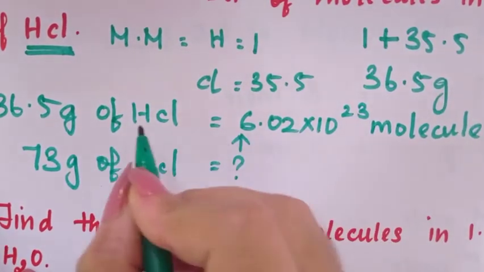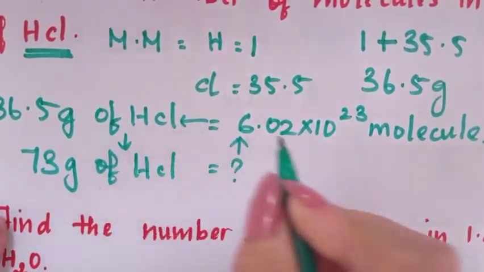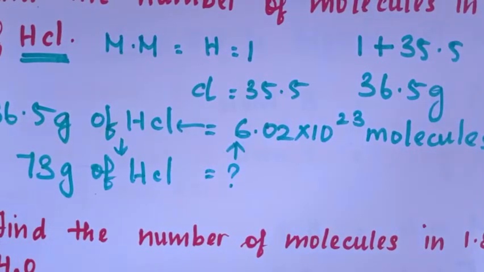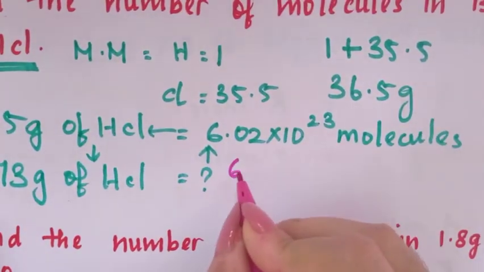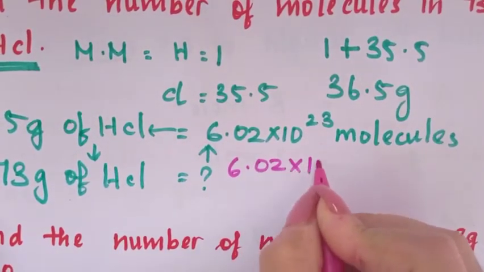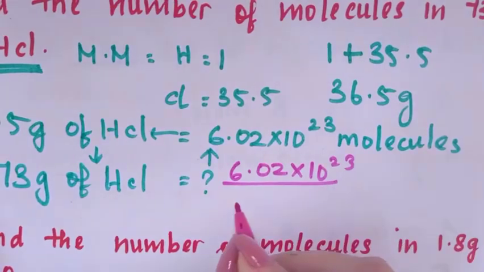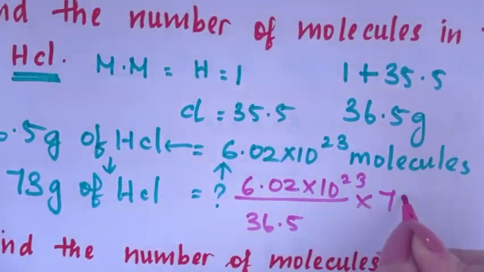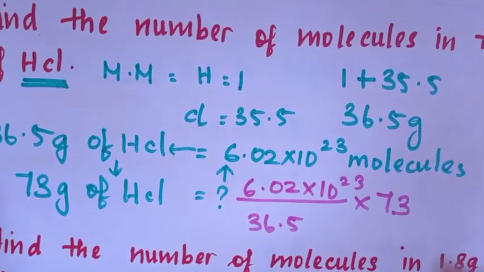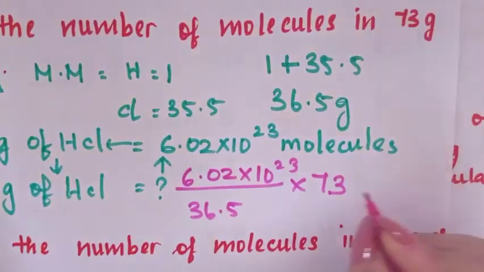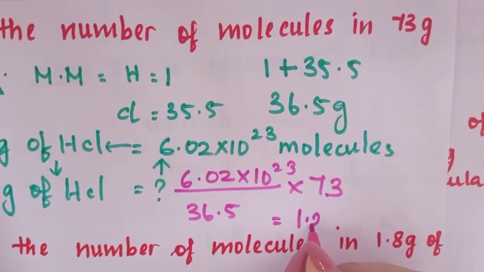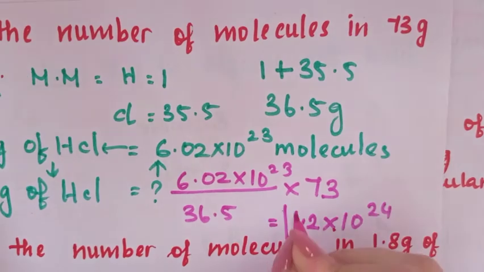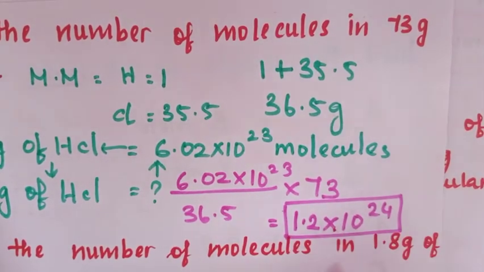You have to just start it. So I'm just writing it. So we'll be getting 6.02 into 10 power 23 divided by 36.5 into 73. Okay, on cutting all we will get the answer. Answer will be 1.2 into 10 power 24. I have approximately written the answer. Okay, this is your answer.